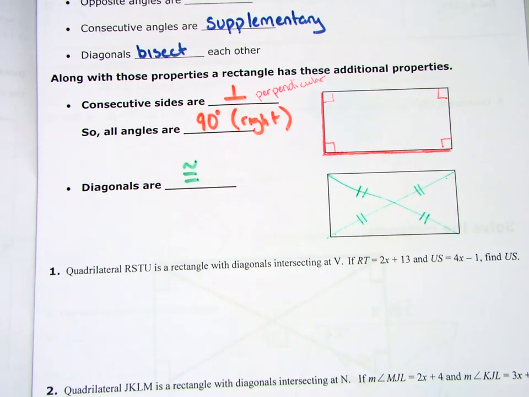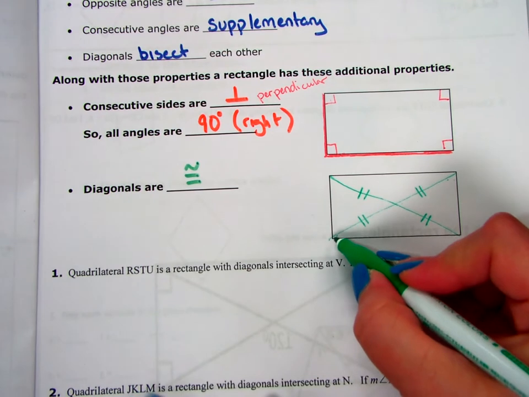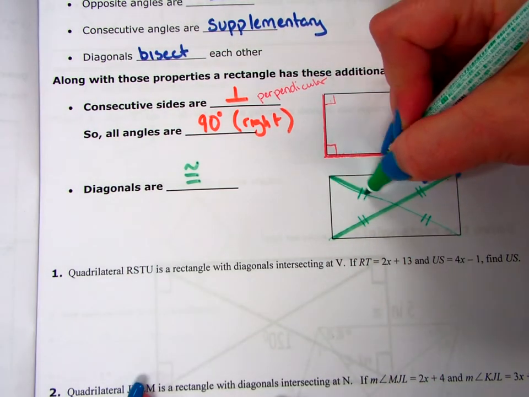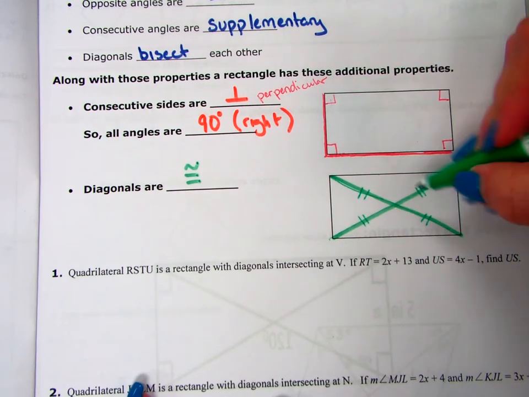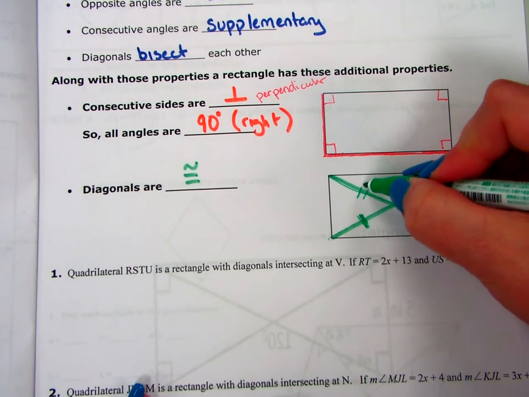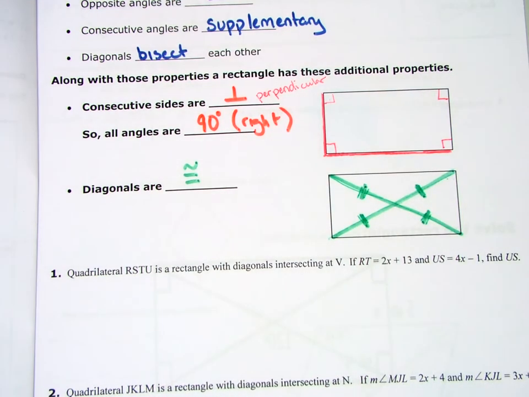Make this a little darker. And perhaps a little straighter. So these will all be the same size. And again, that only happens in a rectangle. That doesn't happen in your everyday parallelogram.